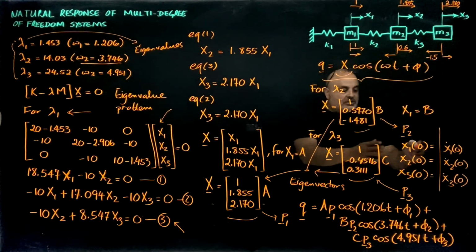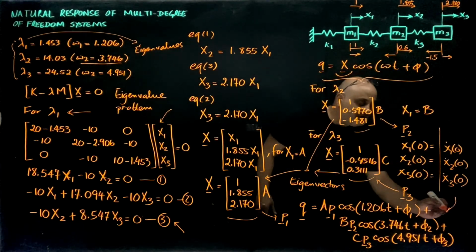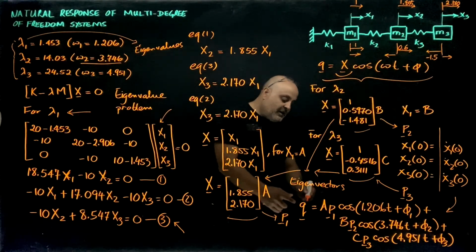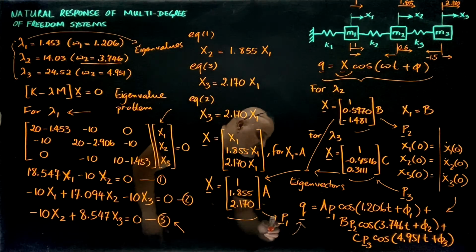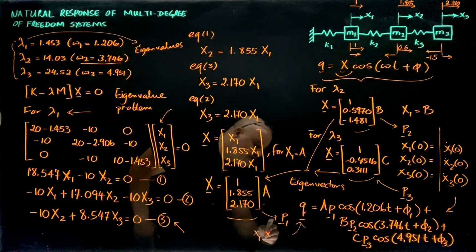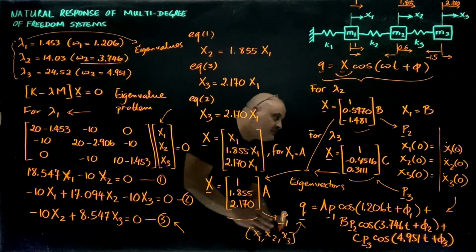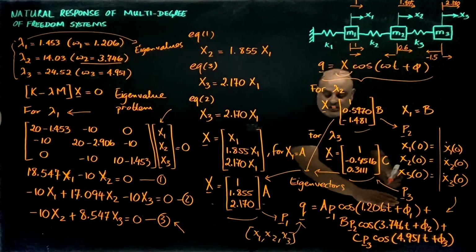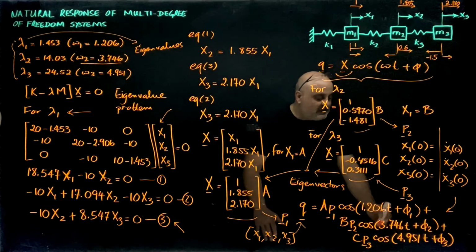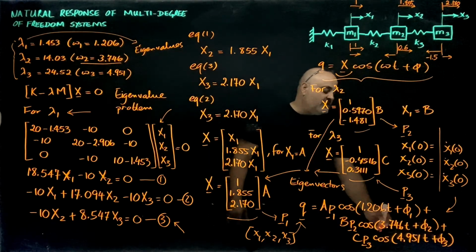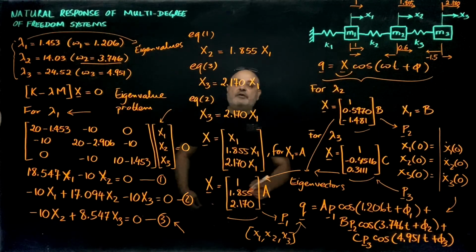6 initial conditions, substituting into this general response, where Q is x1, x2, and x3. Substituting these 6 initial conditions, I will end up with 6 equations. Solve these equations for the 6 unknowns A, B, C, and phi1, phi2, phi3.